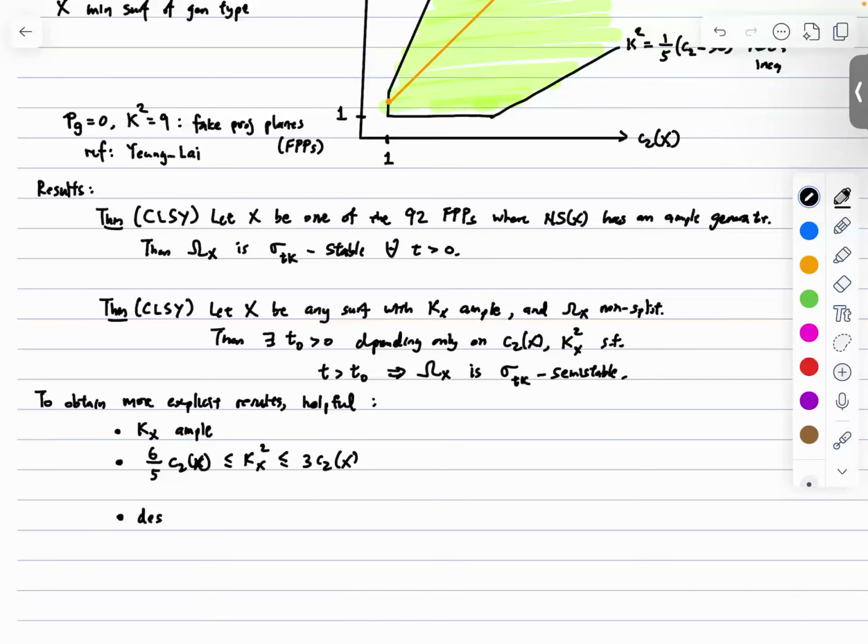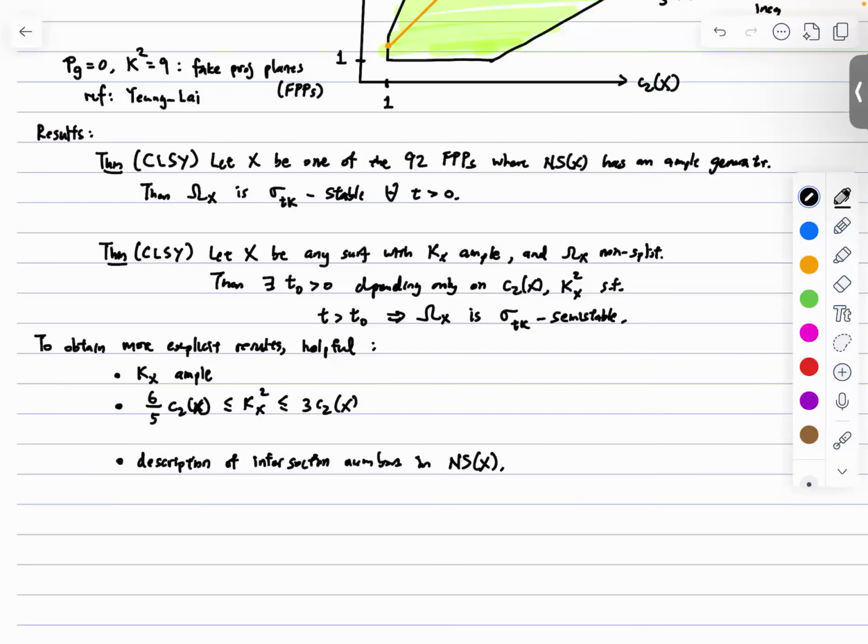So we are also hoping to find examples where we have a good description of the intersection numbers in the Néron-Severi group of the surface.